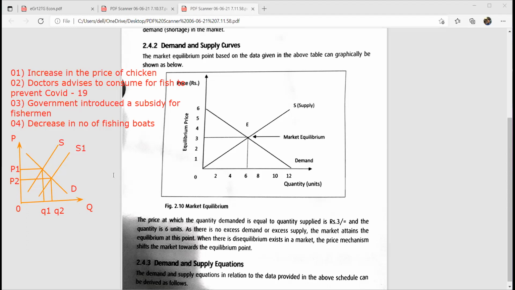Decrease in number of fishing boats, completely opposite. That means the supply curve can shift to the left.